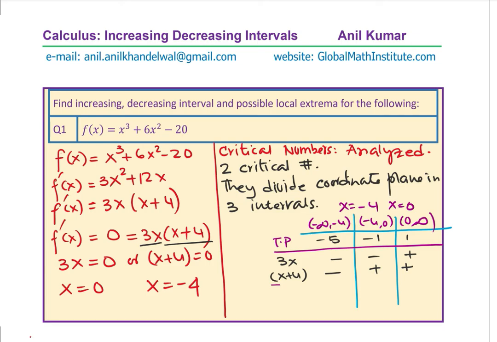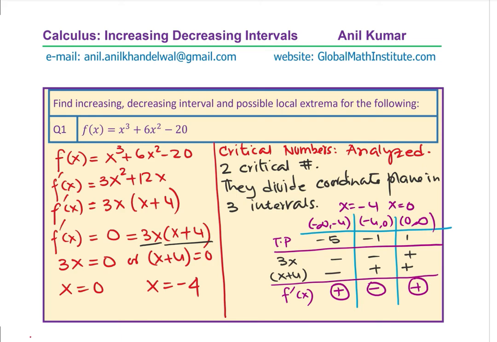When you multiply these two, you get the sign for the derivative itself. Now this derivative is going to be positive when two negatives are multiplied, and negative when there is only one negative and one positive. Both positive means that the derivative is positive.